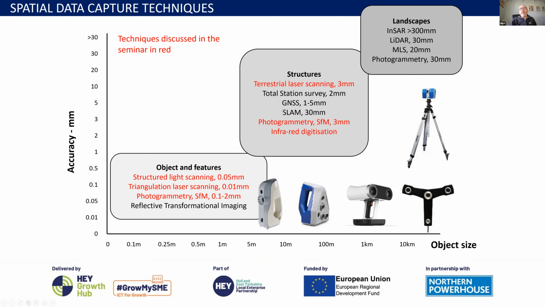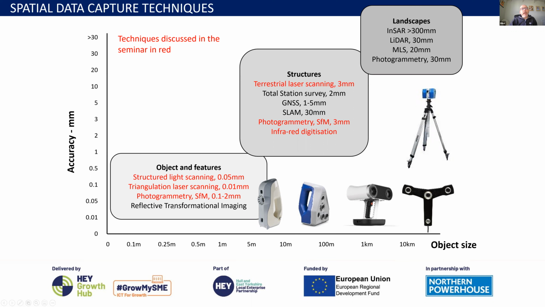There are other technologies out there that we are aware of, such as SLAM and GNSS, but they don't suit the type of work that we do. And the ones that I'm going to touch on tend to be the ones that industry use more than most.